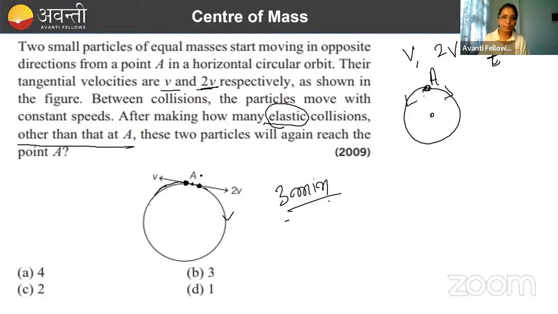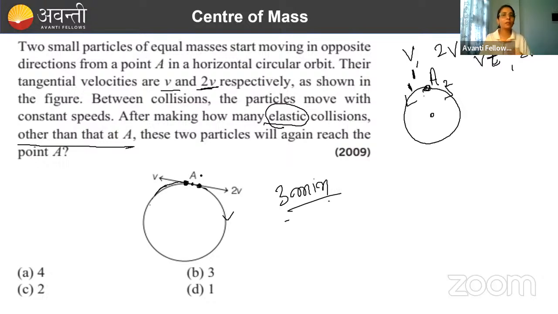Suppose at t time they are meeting for the first time. So distance covered by first particle, that is the one moving with velocity v. I'm calling this first particle, this as second. So how much distance will it cover, vt, and how much distance will this second particle cover, 2vt.